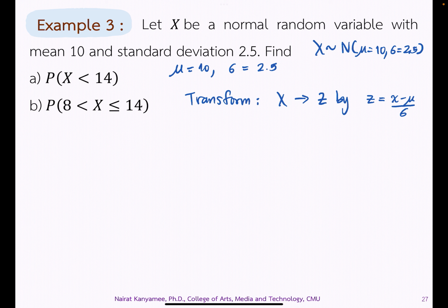Part A, we are looking for the probability of X less than 14, which is non-standard form, so we need to standardize it using the formula. Change X to Z, but to change this, let me write it down.